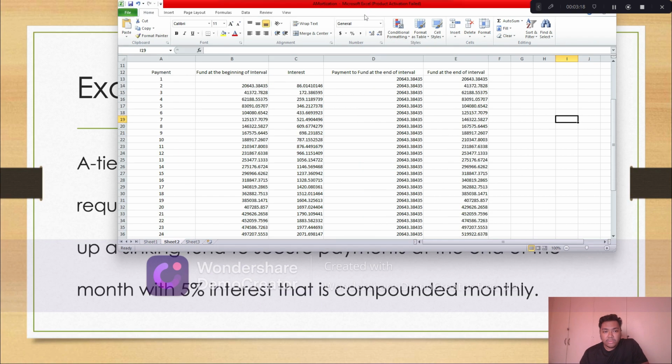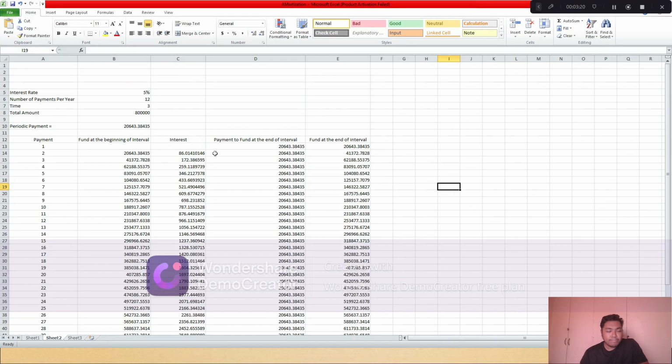As we have mentioned, they have a 5% interest rate, and 12, since it's compounded monthly, which means they would be paying 12 times a year. Within 3 years, they would need to have 800,000. These are your given variables.